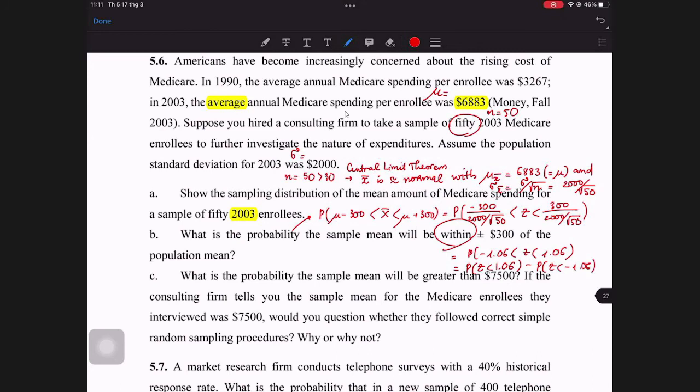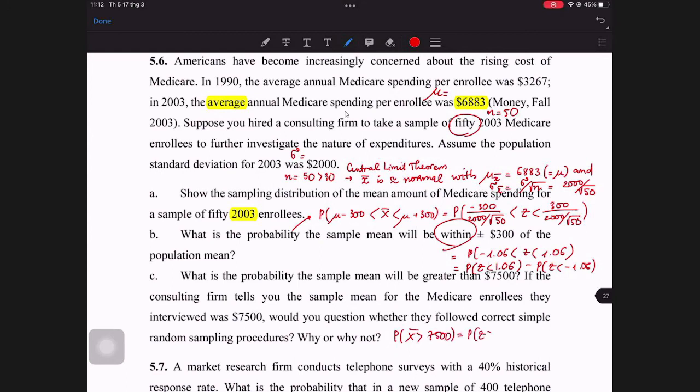All right. So for question C, what is the probability that the sample mean would be greater than 5,500? Okay, so that should be easy. P of x greater than 7,500.